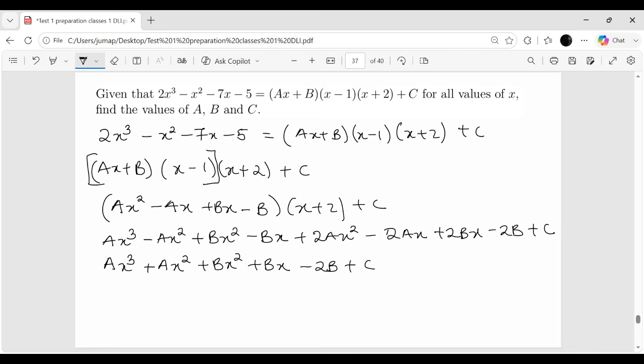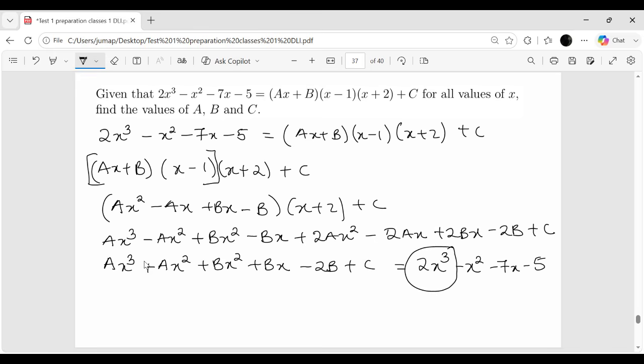Okay, so now remember that this one was equated to 2x to the power 3 minus x to the power 2 minus 7x minus 5. So I bring back this. So now what I'm going to do is that I'll equate the one with power 3 to each other.